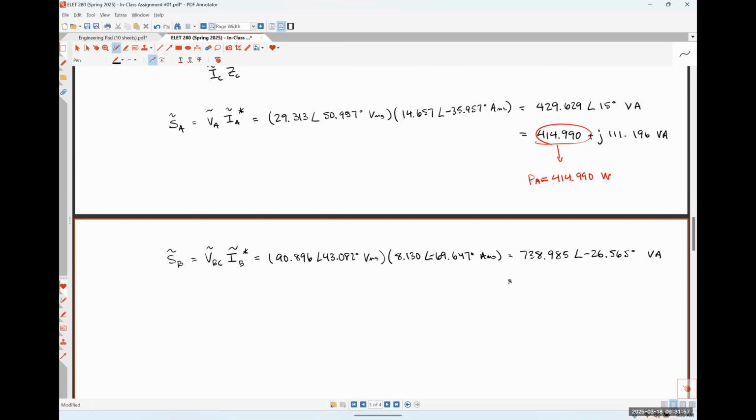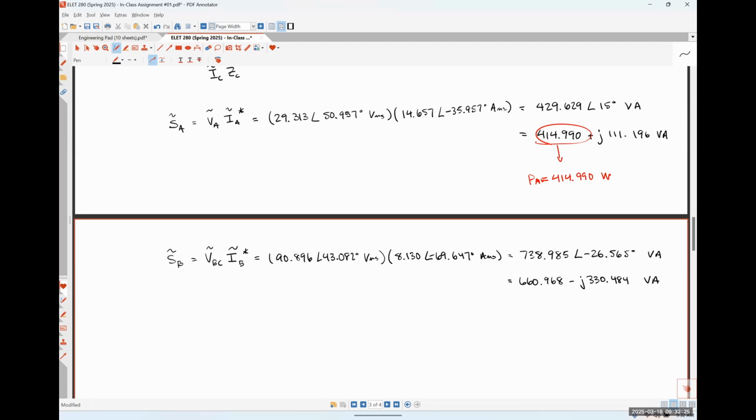And in rectangular form, that looks like 660.968 minus j330.484 volt amperes.